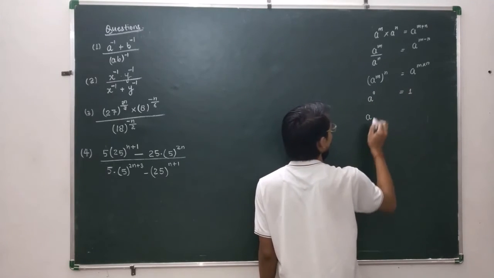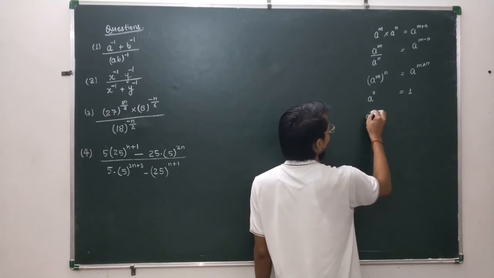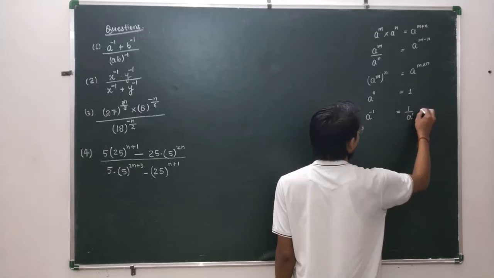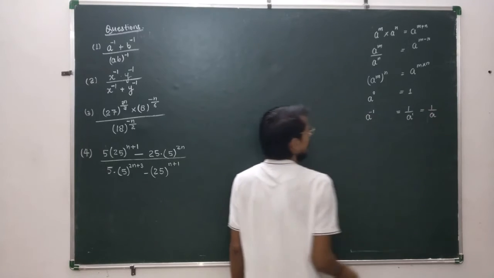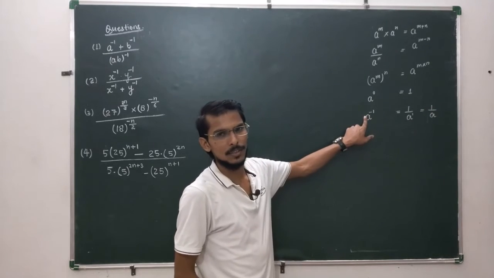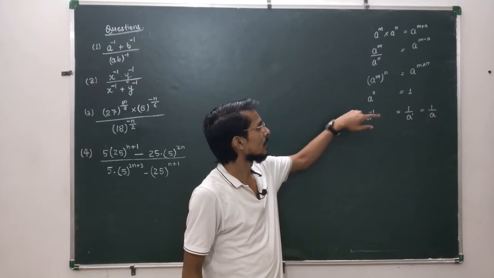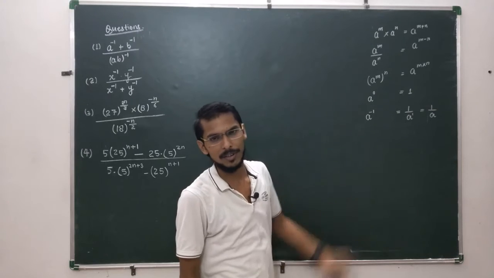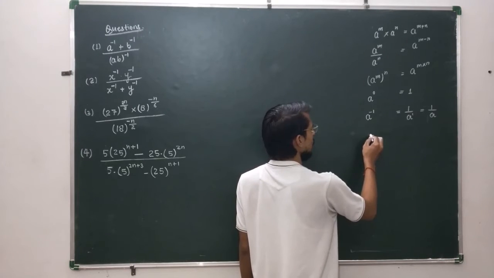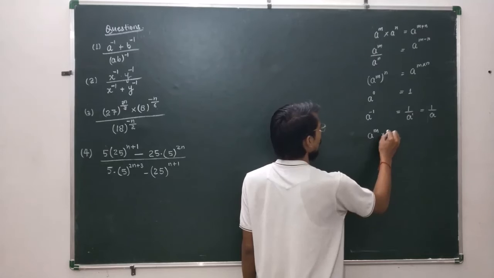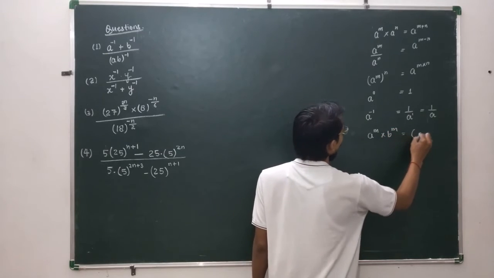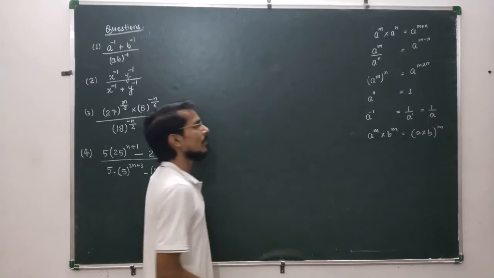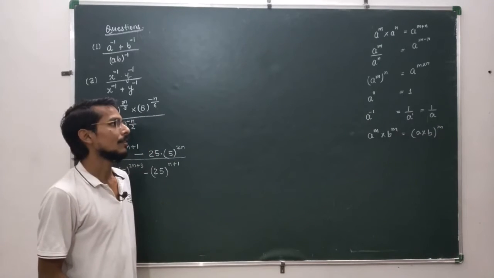Fifth formula is a to the power minus 1 is equal to 1 by a to the power 1, that is 1 by a. This formula is related to moving the quantity in numerator to denominator and denominator to numerator. And the last one is a to the power m into b to the power m is equal to a into b, whole to the power m. These are the formulas which we are going to use.